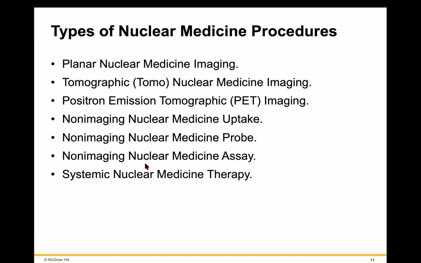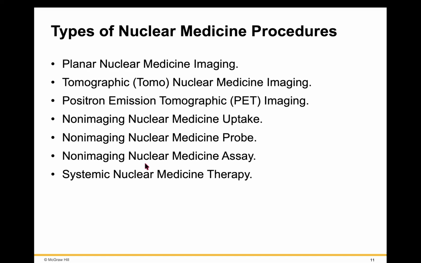So let's go into some different types of nuclear medicine procedures that you might come across. Planar nuclear medicine imaging is a classic nuclear medicine scan. Tomographic nuclear medicine imaging is a cross-sectional imaging scan, so it does slices of images and puts them all together.